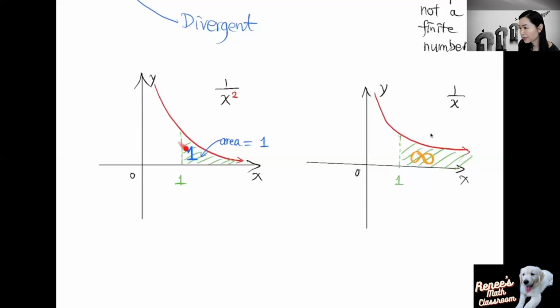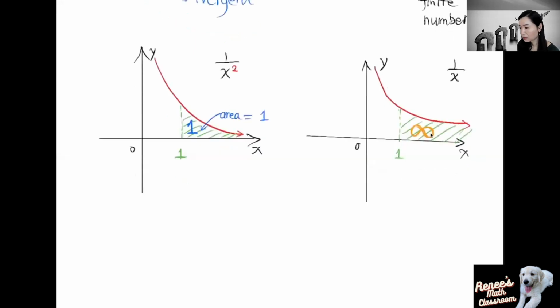Now, how come this one has a finite area 1, and here it is infinity? They behave kind of similar, right? Like the curve. So you might wonder what happened. As x goes to infinity, 1 over x squared will go to 0, and 1 over x also goes to 0. Both of them go to 0.